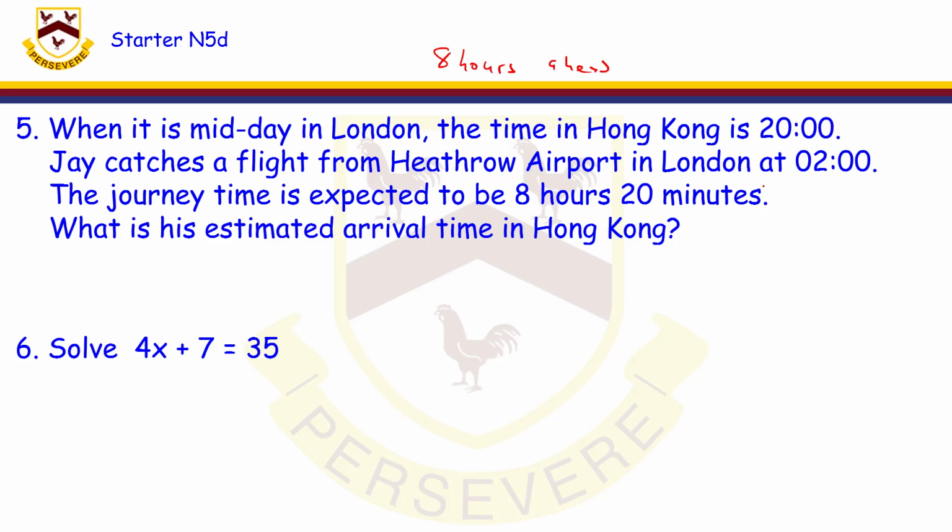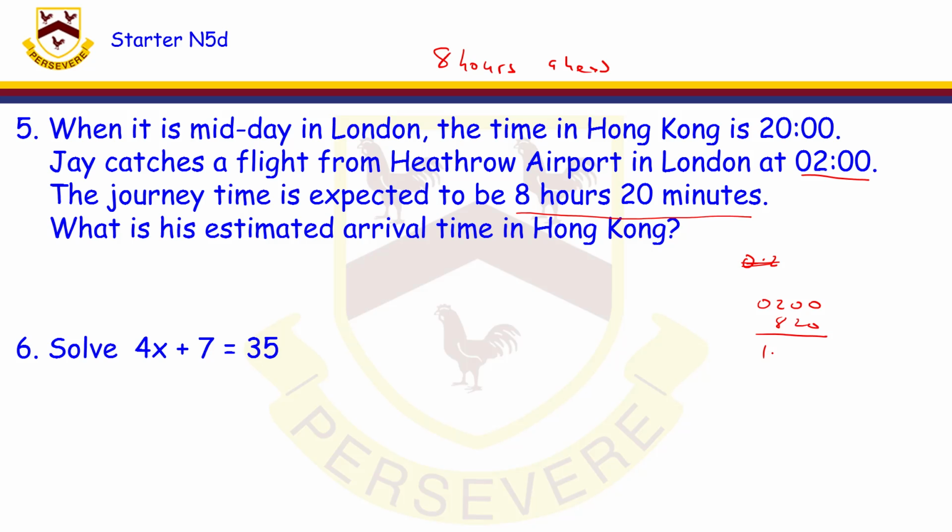He catches a flight at 0200 hours, and the flight's going to take 8 hours and 20 minutes. So what time does he arrive in Hong Kong? So he leaves at 0200. Oh, oops. Let's start again. 0200 hours, and it takes 8 hours and 20 minutes to get there.